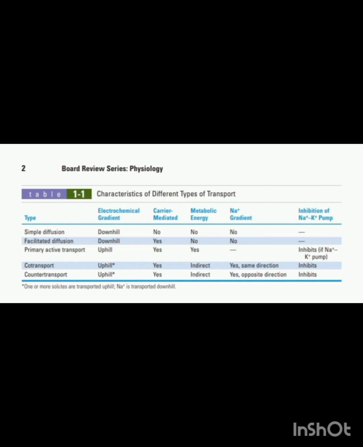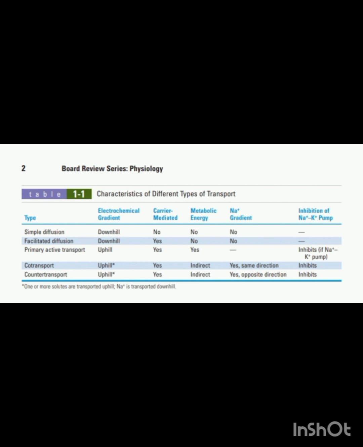If we talk about metabolic energy, only in active transport do we require metabolic energy in the form of ATP. In primary active transport there is direct breakdown of ATP, whereas in secondary active transport we have the sodium gradient phenomenon that we discussed.